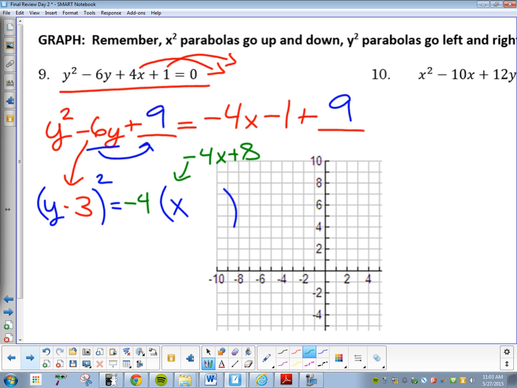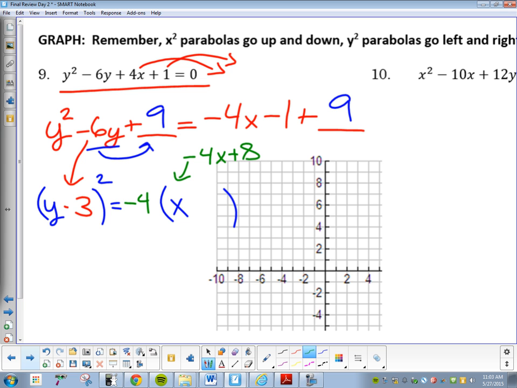So what's going to go with my x? Think what you're doing. You're factoring the negative 4 out. You're pulling it out in front. So what do I need to do with that 8 if I'm pulling a negative 4 out of it? Dividing it. We're dividing it.